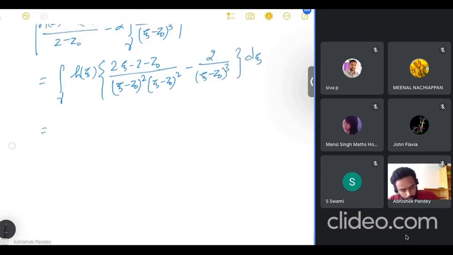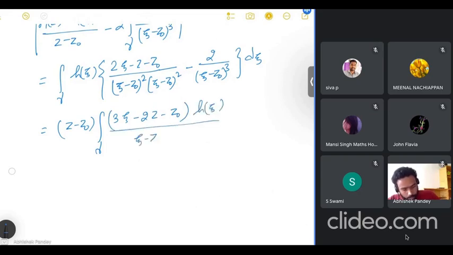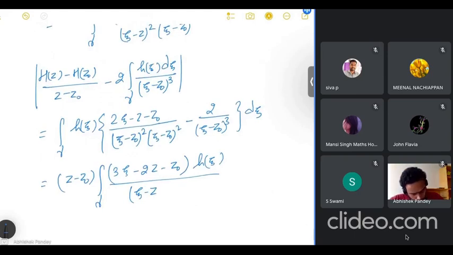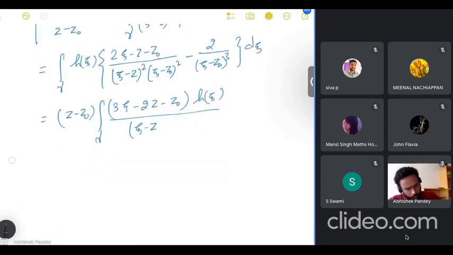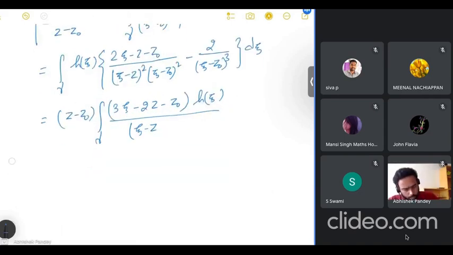Again, z minus z naught integral over gamma of (3 xi minus 2z minus z naught) into h of xi upon xi minus z, wait a minute, this would be z, I guess, so xi minus z square into xi minus z naught cube.